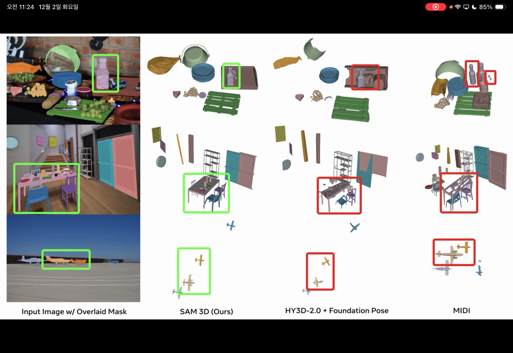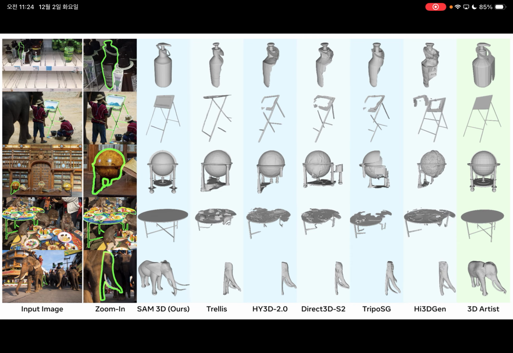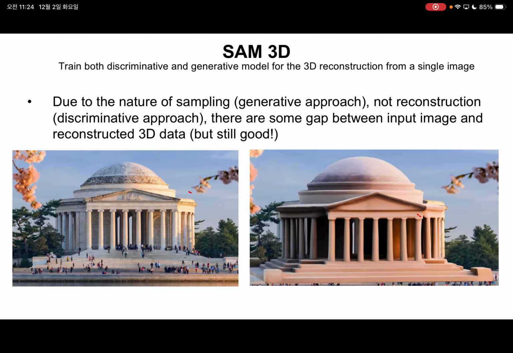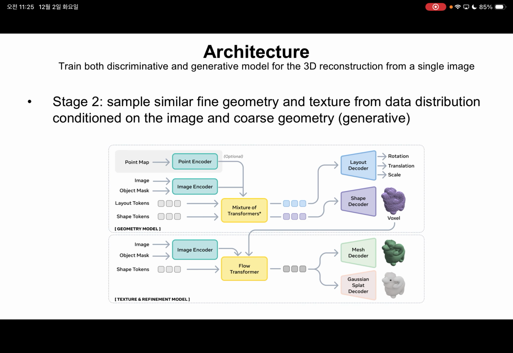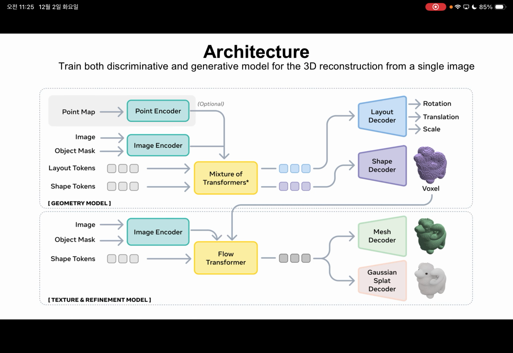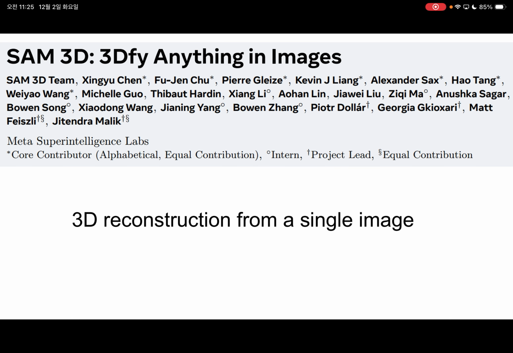You'd better watch the video. These are some image to 3D reconstruction results. You can see these kinds of things. This is one screenshot from the video. And yes, 3D reconstruction from a single image.